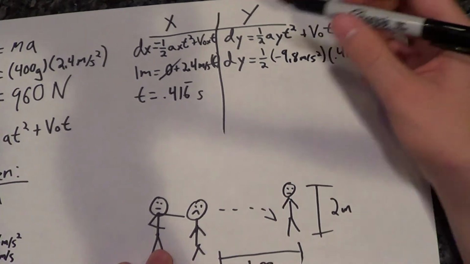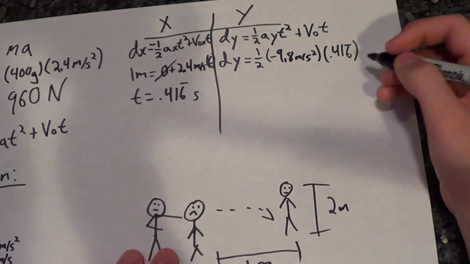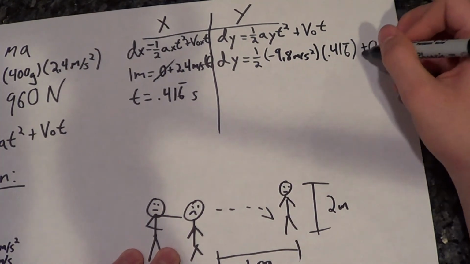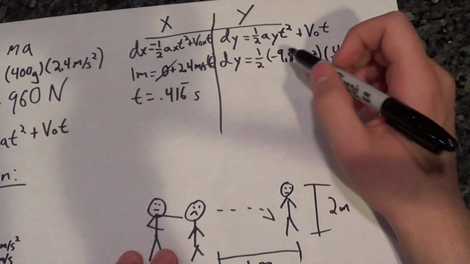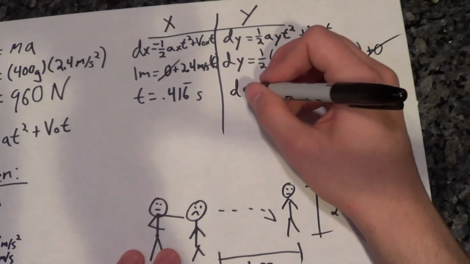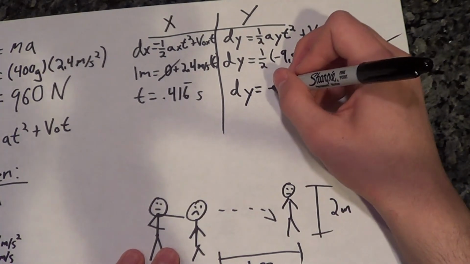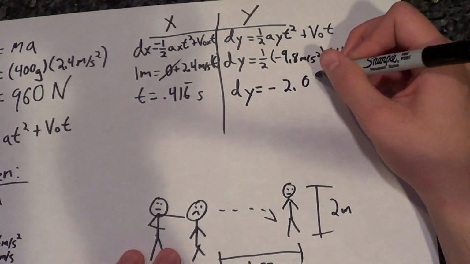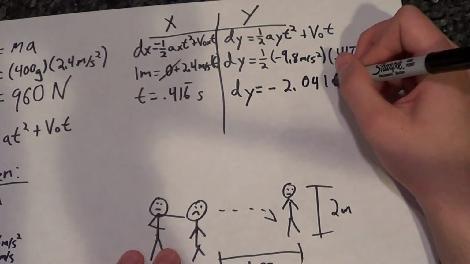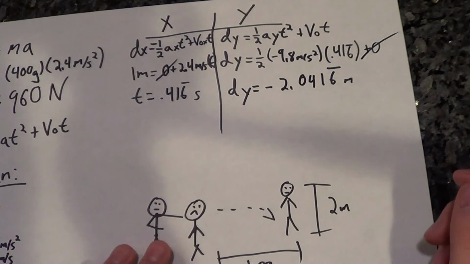And again, this cancels out because velocity in the y direction is 0. So I just cancel that out. And what I'm left with, by multiplying these together, is distance in the y direction, which is negative 2.0416 meters, again with repeating 6.